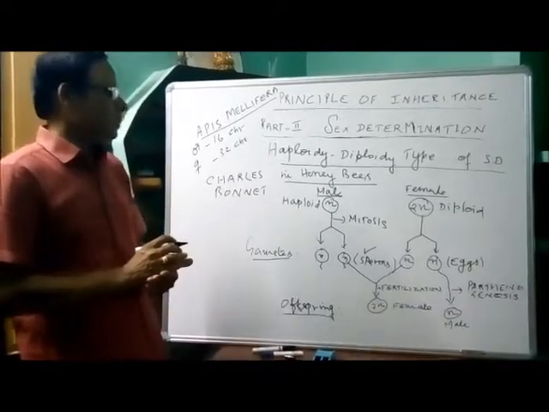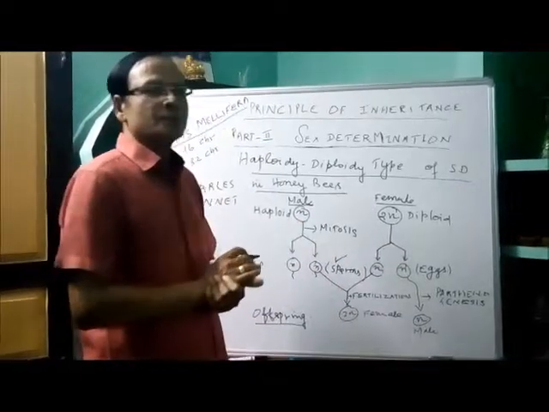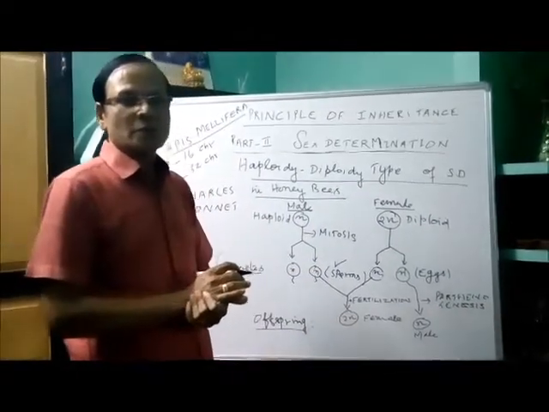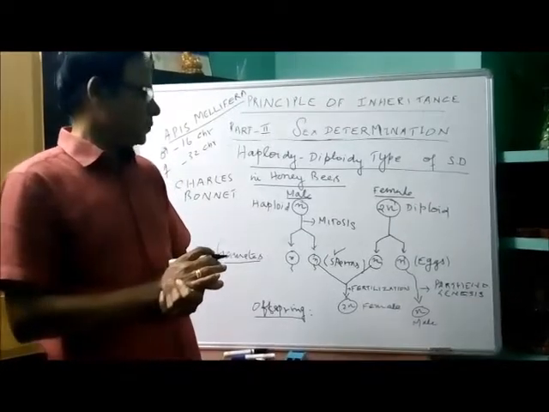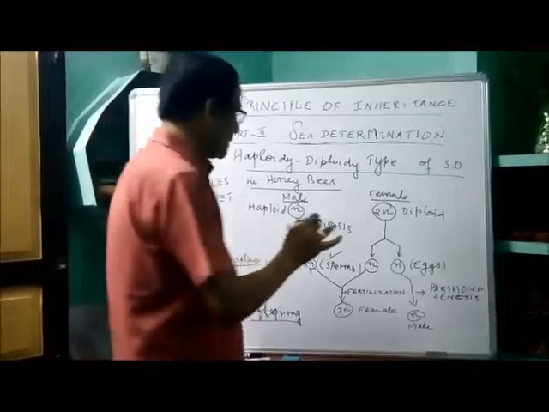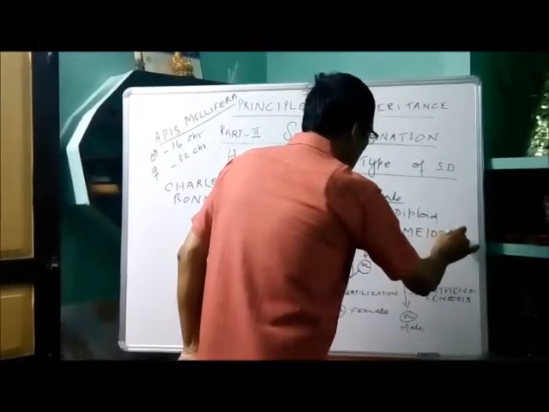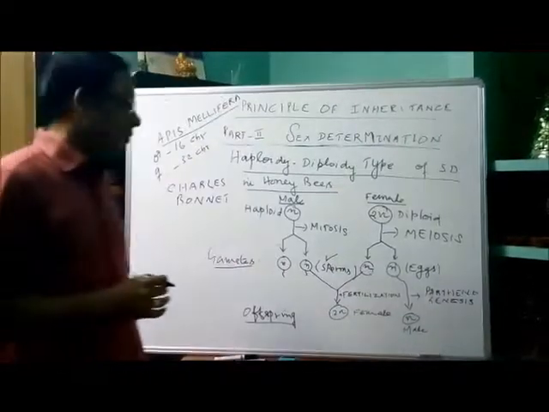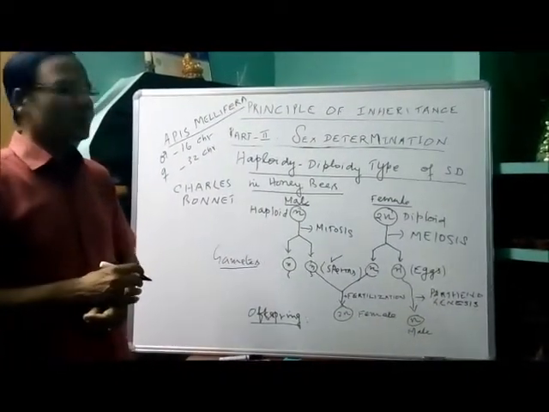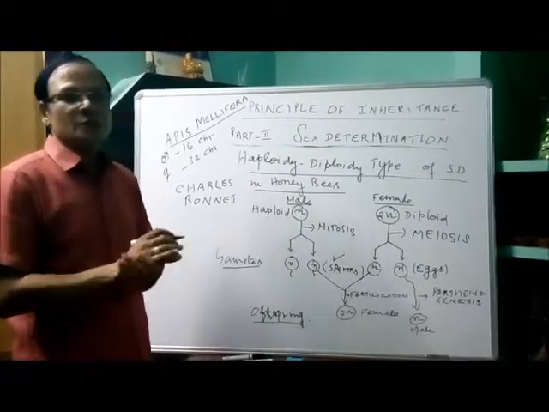Unlike the male, the females are diploid and undergo cell division during gamete formation to form haploid eggs. So the nature of cell division here is meiosis. The male gametes are formed by mitosis and the female gametes by meiosis, so n number of gametes are formed.